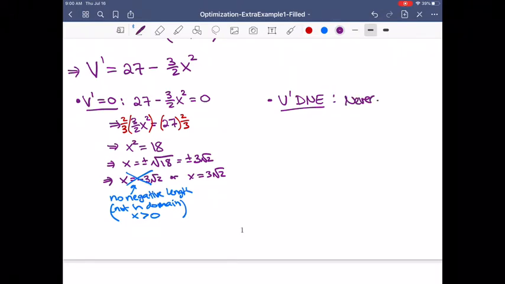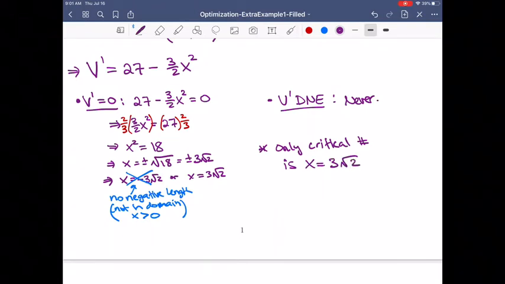So the only critical number in our domain is x equals 3 root 2, which is approximately 4.24.